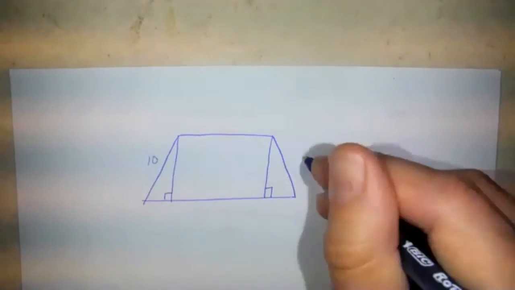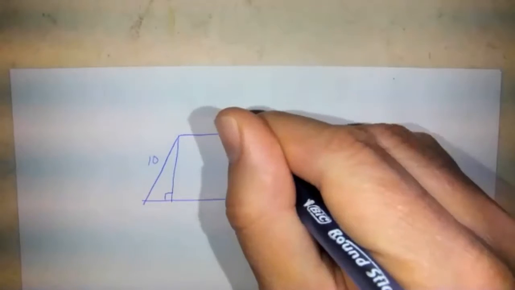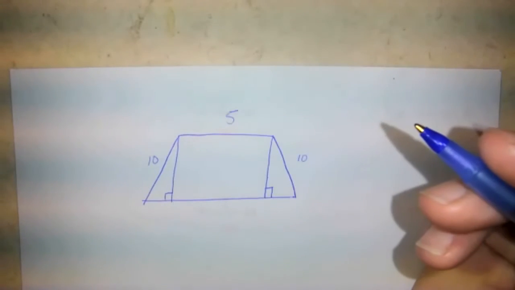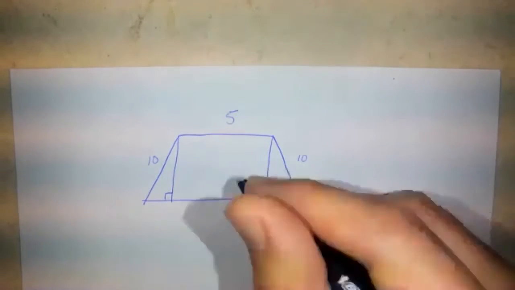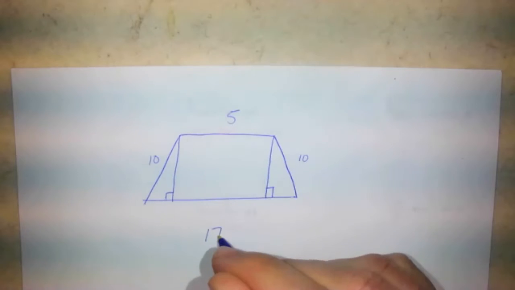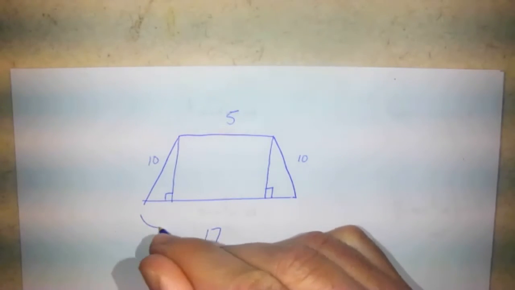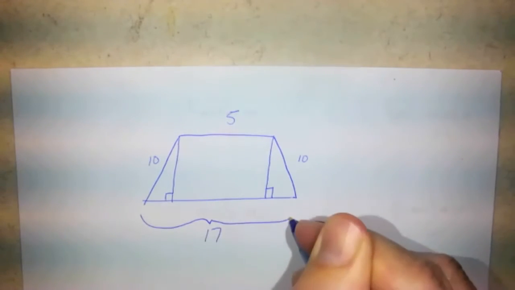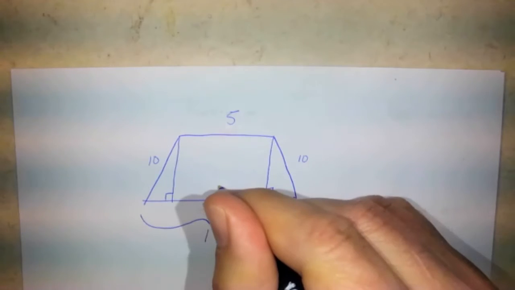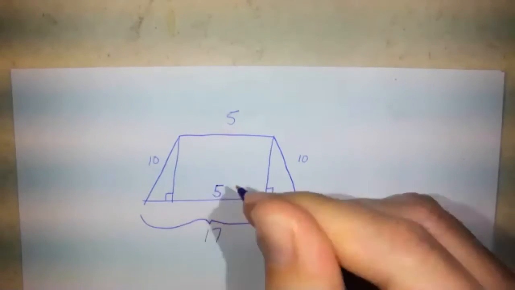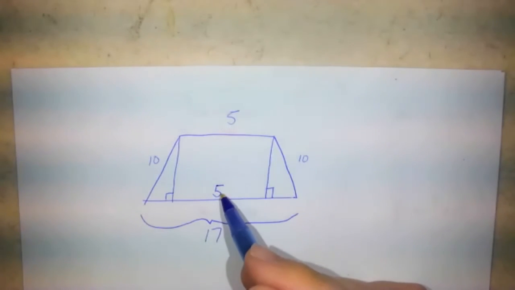So here is 10, 10. Here is 5. I'll write 17. That whole thing is 17. Well, I split this thing into a rectangle, so that's got to be 5.